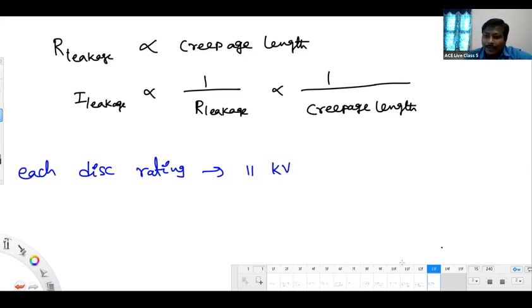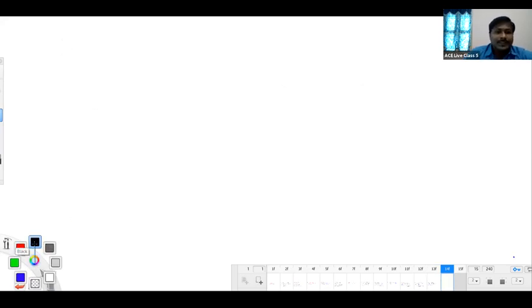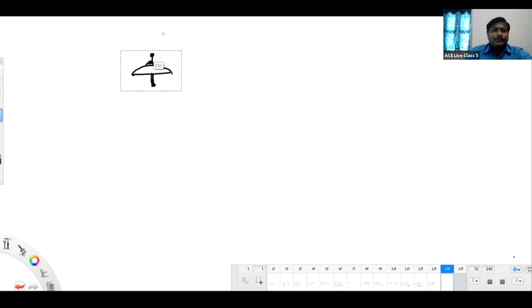So 11 kV is the voltage rating of the disc. Let's connect the number of discs in series to form a string. Let's say this is the disc we have, with a metal pin and the metal cap. I'm connecting the number of discs in series now.